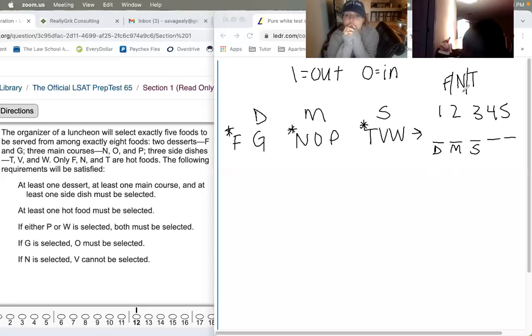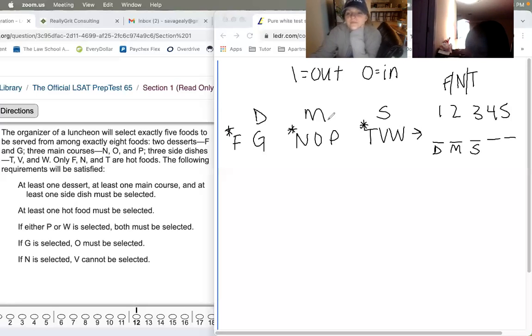Okay. All right. Now we're getting down to the actual rules with the variables. Rule number 3 says if either P or W is selected, both must be selected. Okay. I like this part because it was easy to diagram like before.